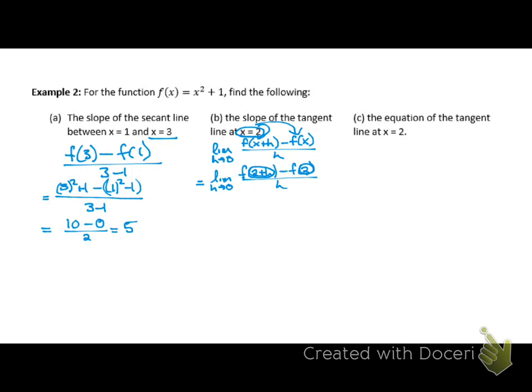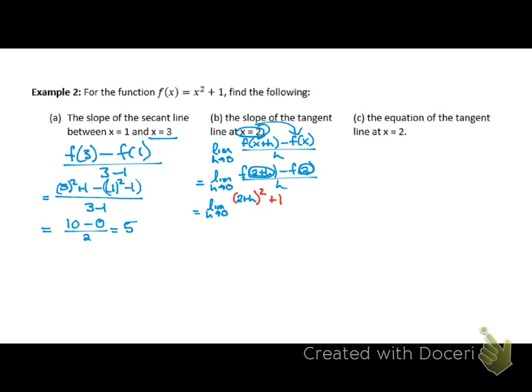Now I'm taking 2 plus h and 2 and plugging it into the equation in my problem. So I'm going to have the limit as h approaches 0 of 2 plus h squared plus 1. Okay, so I plugged 2 plus h in for x, just like when I did the slope of the secant line, I plugged in 3 and I plugged in 1.